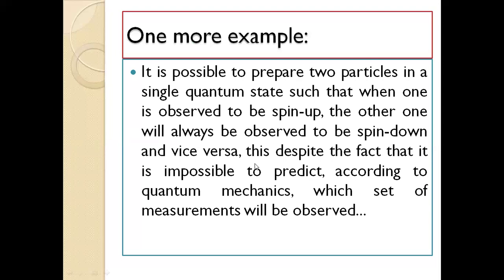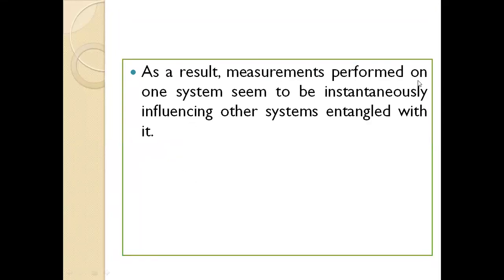This is despite the fact that it is impossible to predict according to quantum mechanics which set of measurements will be observed. As a result, measurements performed on one system seem to be instantaneously influencing the other system entangled with it. Means they are associated, right? One effect on one will obviously impact the other.